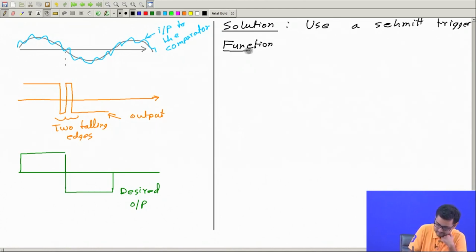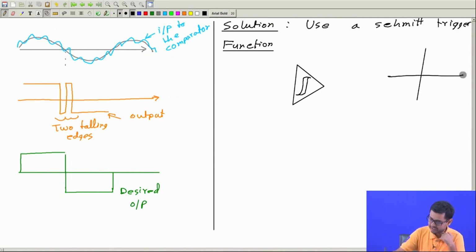The symbol of a Schmitt trigger is like this, like an op amp, and inside the op amp you draw a hysteresis band or a hysteresis loop like a BH curve. You know a BH curve for an iron or magnetic material looks like this.